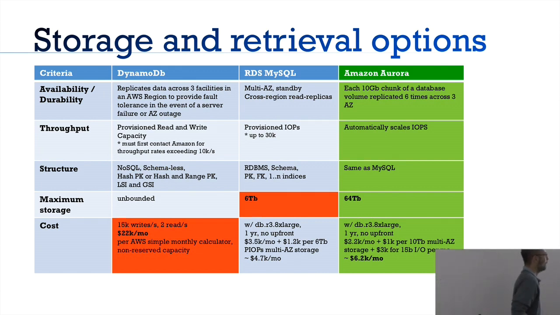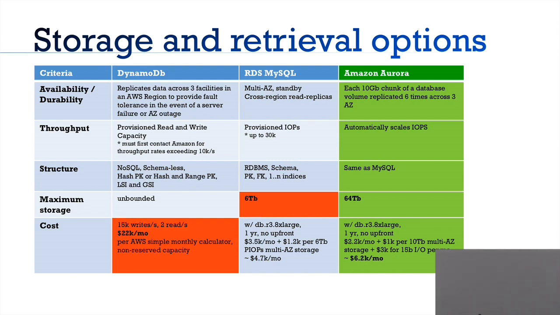So this table here kind of spoils it because it's revealed all at once. But what you should take away from just a simple glance is, well, we chose Aurora. We looked at Dynamo, we looked at MySQL, and Aurora was kind of one of those timing things, because right around the time that we were kind of fighting some issues with scaling, mainly on the storage front for MySQL.